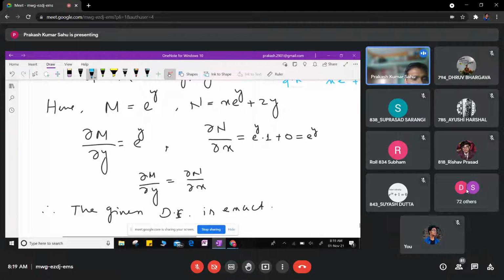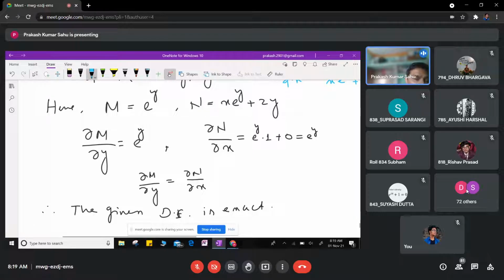If it is not separable, you check whether it is homogeneous or not. If it is homogeneous, we can easily solve it by putting y is equal to vx. Then if it is not homogeneous, again we check whether it is of the non-homogeneous form, which has two cases; in those cases only we can solve it, otherwise not.